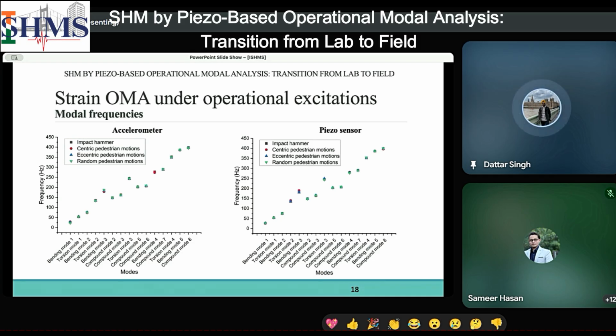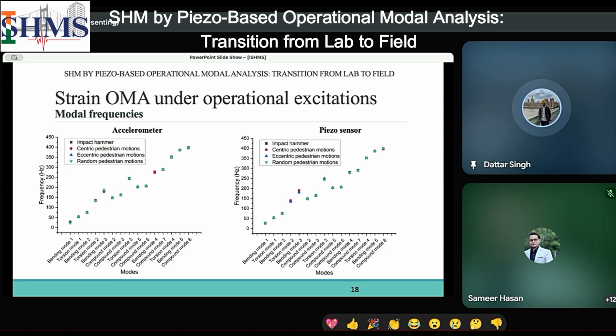So now, considering a few modes for both sensors, the impact hammer has been kept here as a reference excitation to compare the efficacy of piezoelectric sensors. The impact hammer observed the best mode shapes and the highest number of modes in the same frequency bandwidth. Compared to the impact hammer, we can see that all the modes are identified at almost the same frequency in both accelerometer and strain sensors.